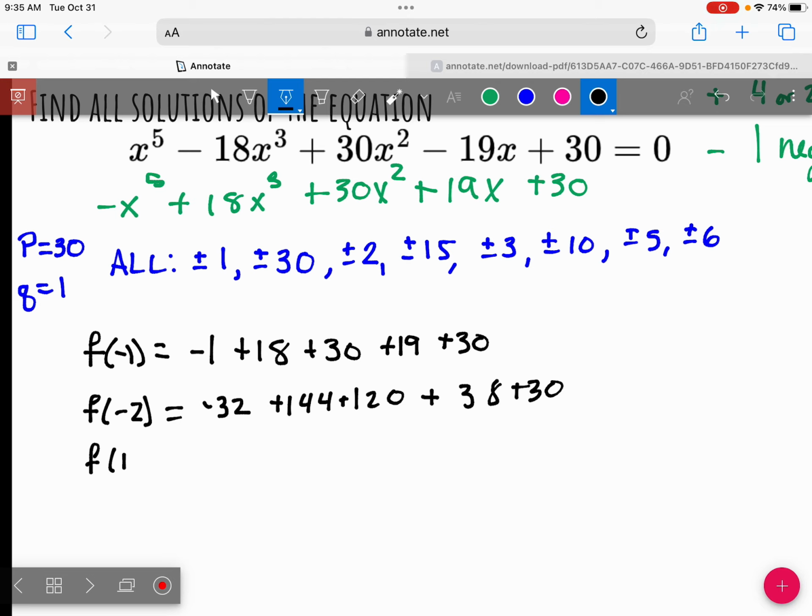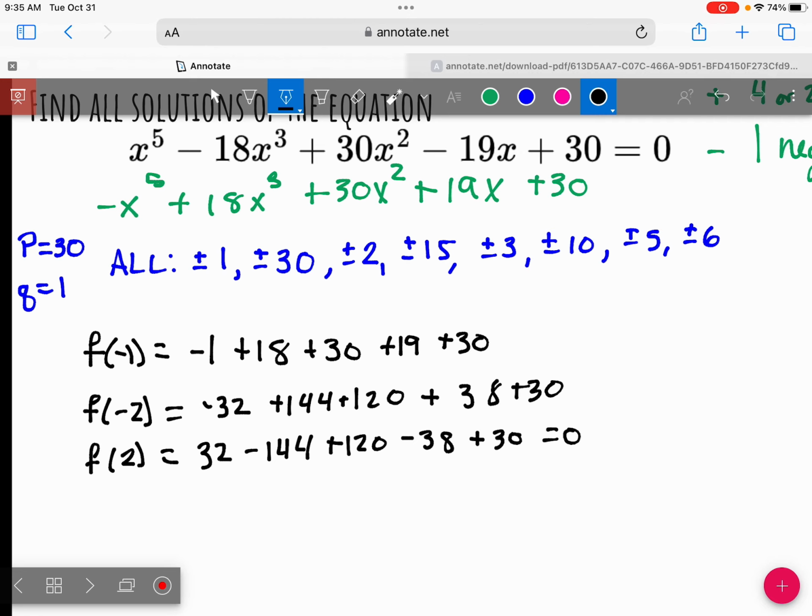So f of 2 was the next one I heard. So we're going to have positive 32. Then we'll have negative 144. Positive 120. Negative 38. Positive 30. What's that equal? 0. We found a root.